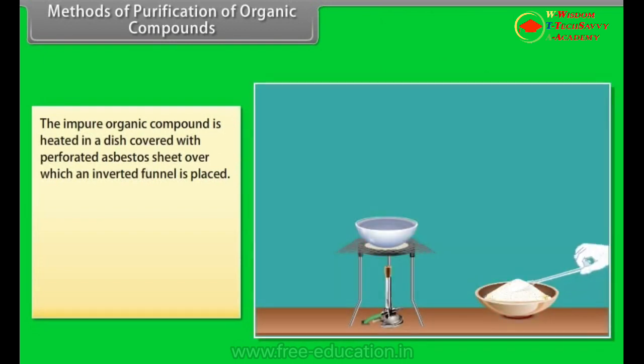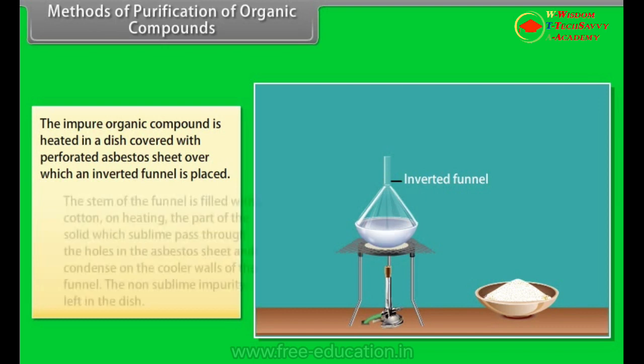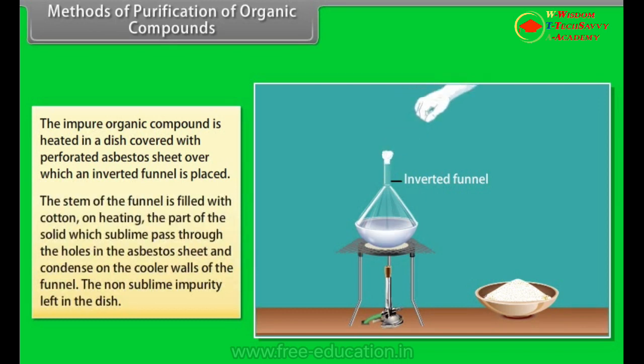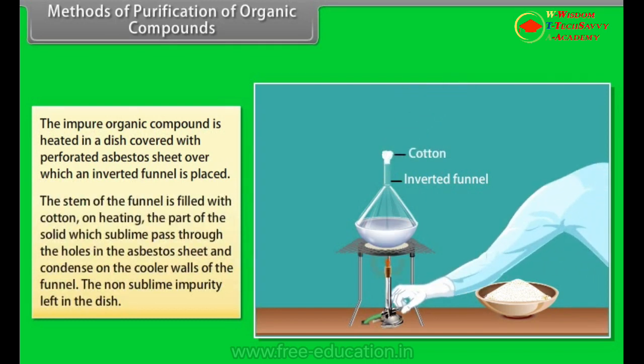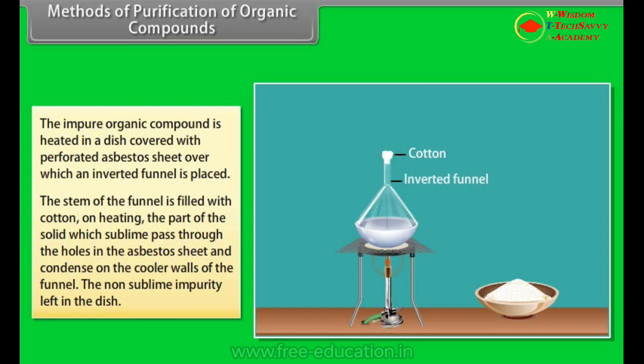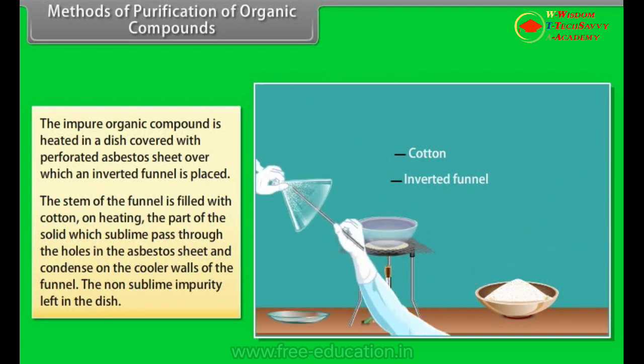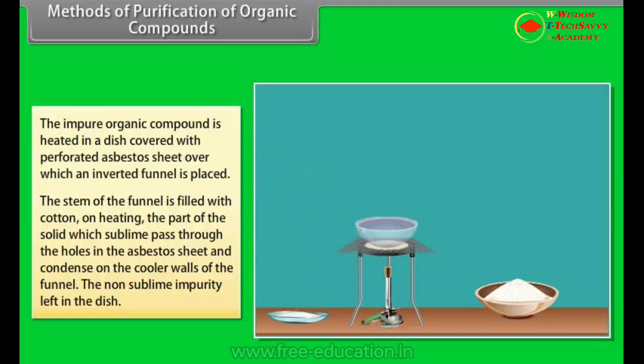The impure organic compound is heated in a dish covered with a perforated asbestos sheet over which an inverted funnel is placed. The stem of the funnel is filled with cotton, and on heating, the part of the solid which sublimes passes through the holes in the asbestos sheet and condenses on the cooler walls of the funnel. The non-sublimable impurity remains in the dish.